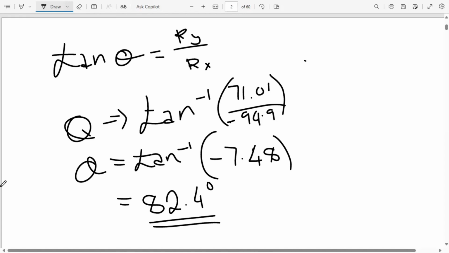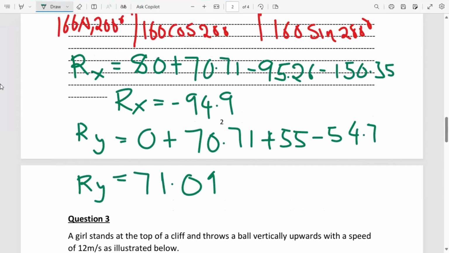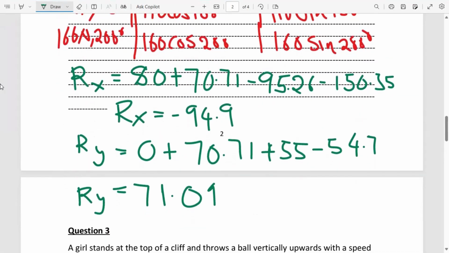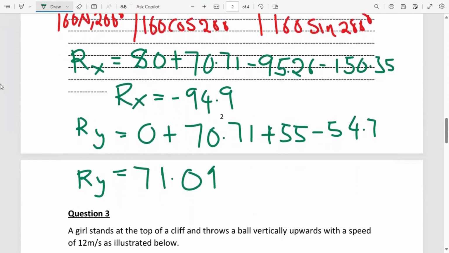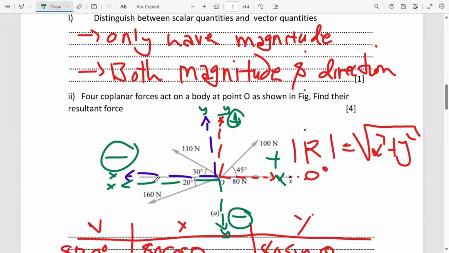But if you look at the two components that we found for the Rx and Ry, those guys do not show that our resultant is in the first quadrant, because that is going to be our direct theta if our resultant vector is in the first quadrant. If you check here, the x component is negative and the y component is positive, which means this resultant vector is lying in the second quadrant.